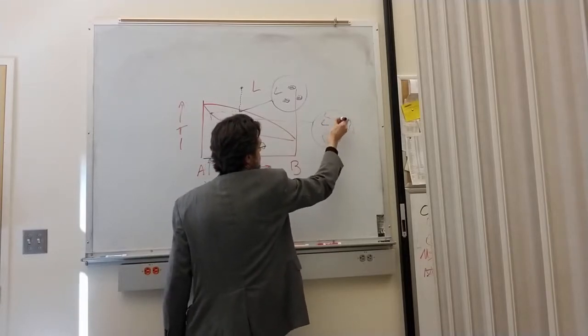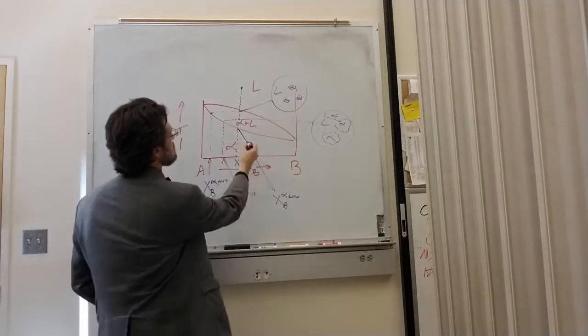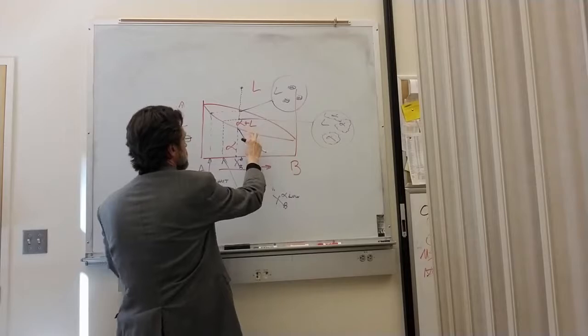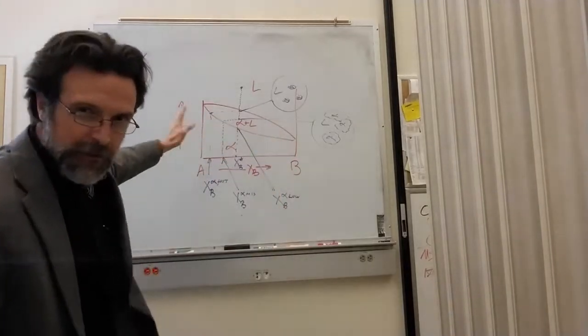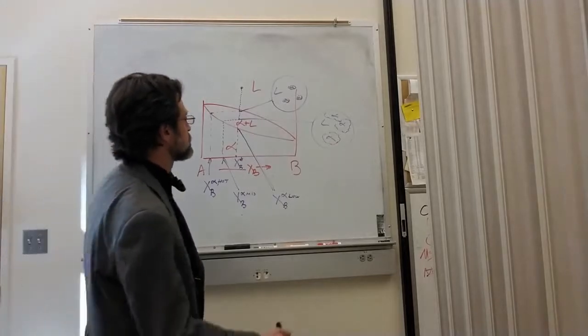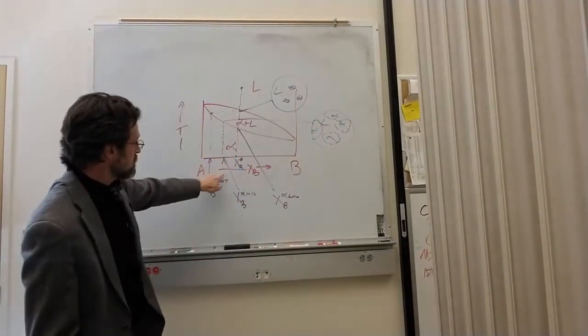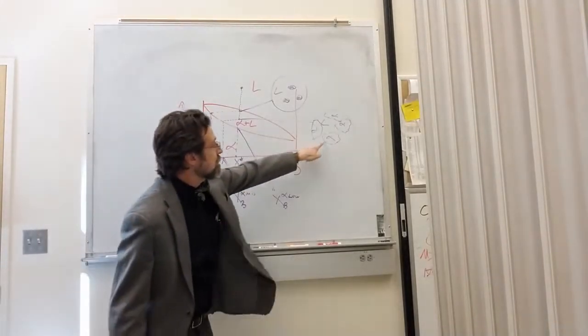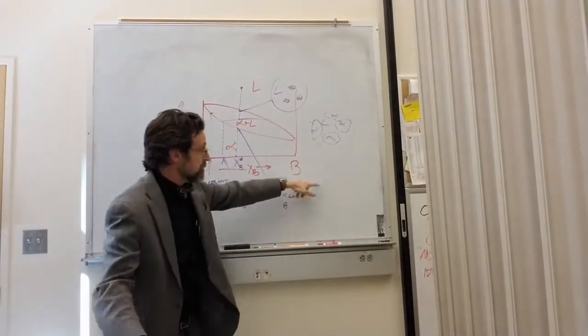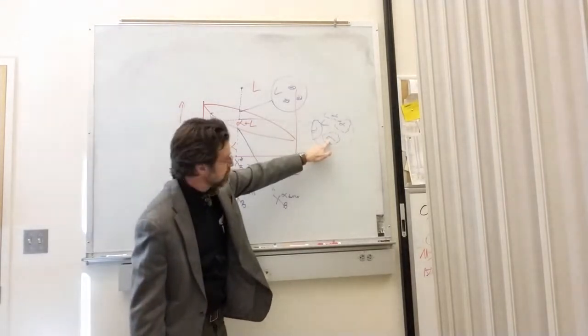Maybe some of these have touched each other a little bit. Alpha, alpha, alpha. And at this point here, it looks like it's about maybe 60% alpha. I should drop some more in there, huh? Alpha. And the composition is different. But in equilibrium, all of these have exactly the same composition.